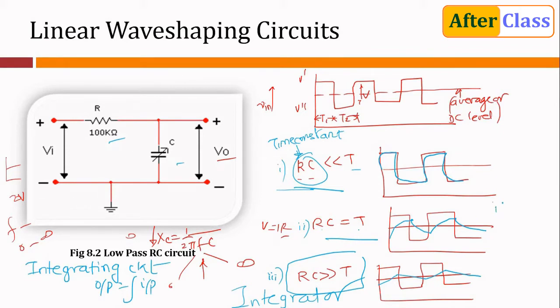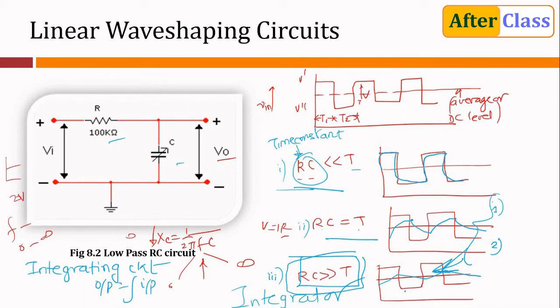Now the conditions to be fulfilled for making this RC series circuit an integrator: just like in the high pass differentiator where we had two conditions, again there are two conditions here. The time constant RC of the circuit should be very large compared to the time period of the input signal. And secondly, the value of R should not be smaller than 10 times the capacitive reactance.